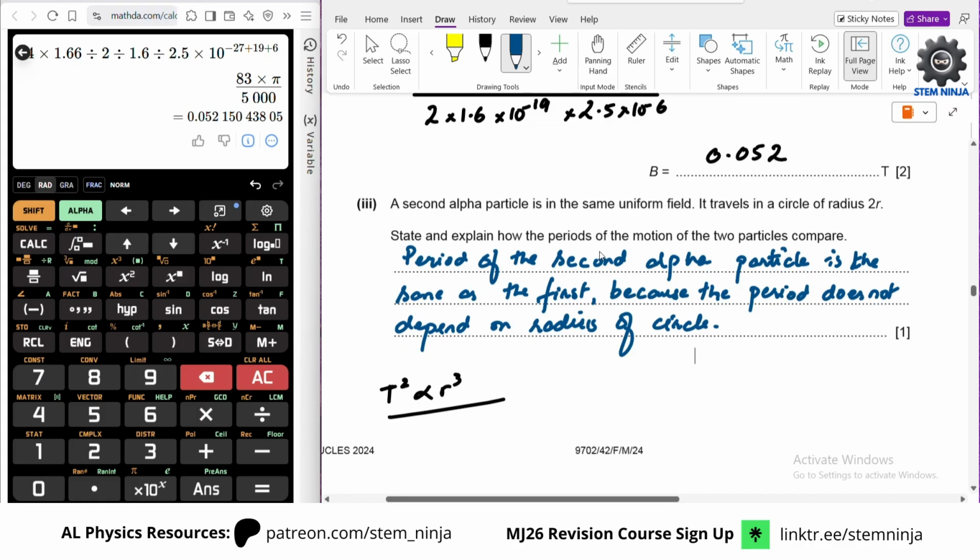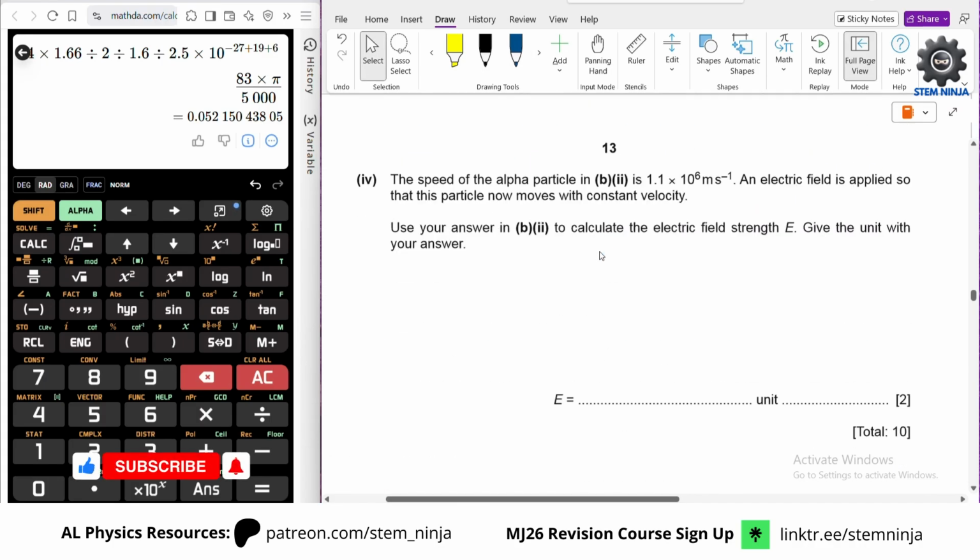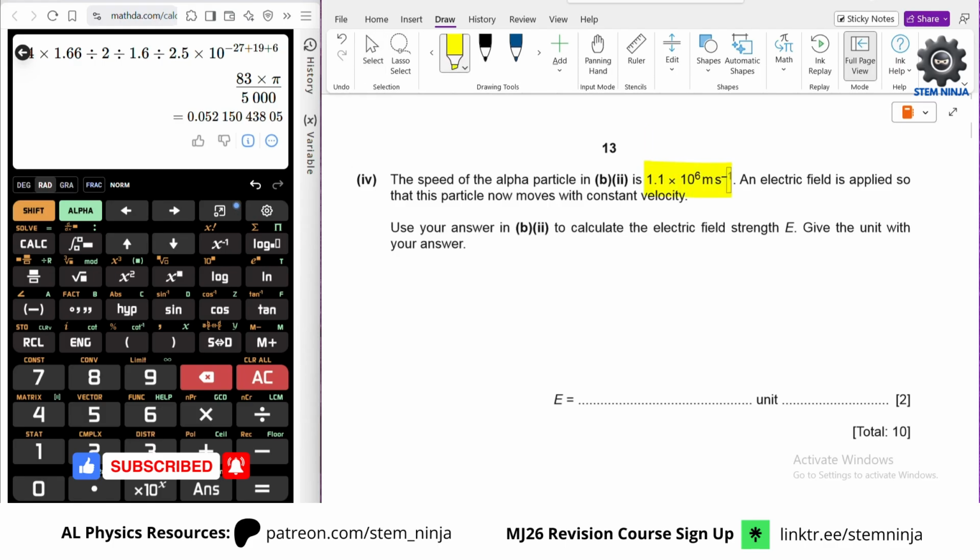Right. Okay. Moving on. The speed of the alpha particle in B2 is 1.1 times 10 raised to the power 6. An electric field is also applied so that this particle now moves with constant velocity. Constant velocity means constant speed and a constant direction.